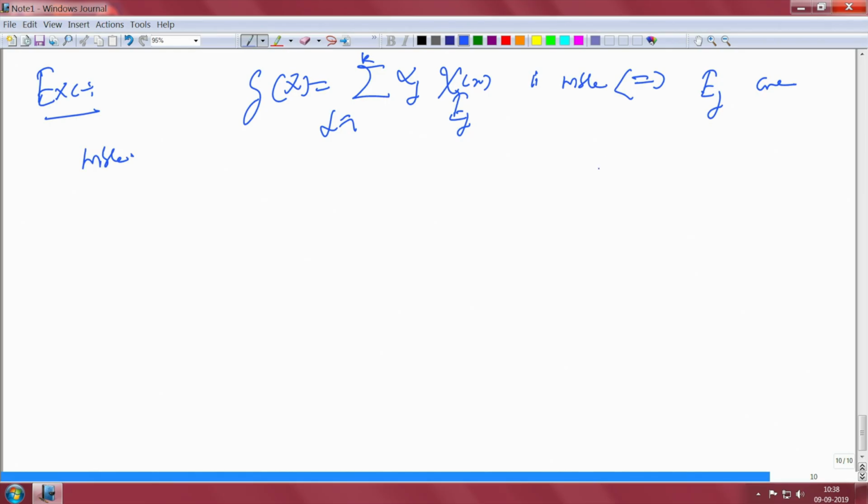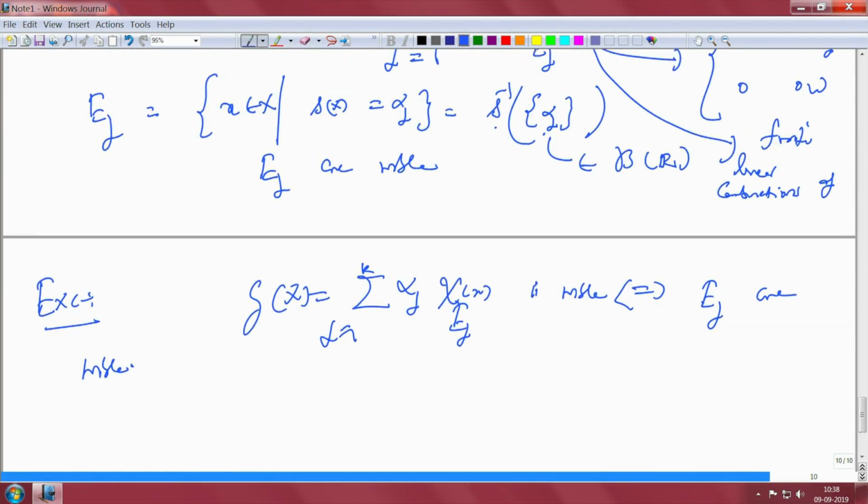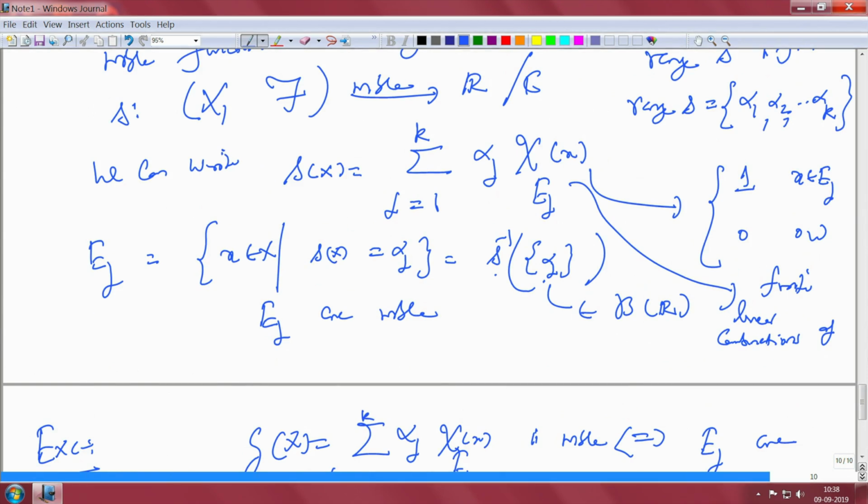So, let us recall what we did earlier. Here the Ej's were disjoint sets because alpha j are distinct elements. So, when I look at the inverse image, they are disjoint sets.